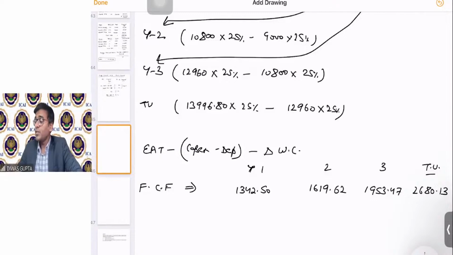No, Gaurav, capex is not zero for terminal value. Capex is equal to the depreciation of the terminal value. Okay, there is a difference in both the things. Let's move ahead, students.